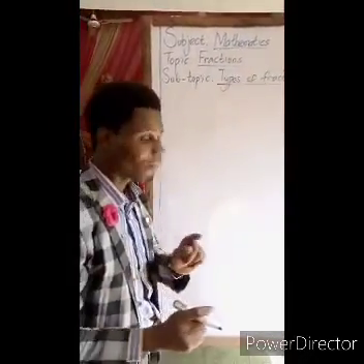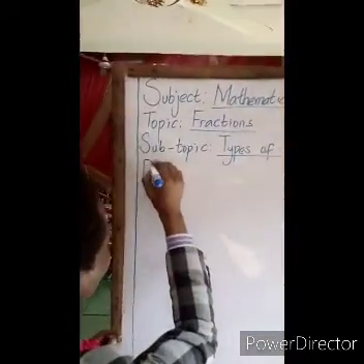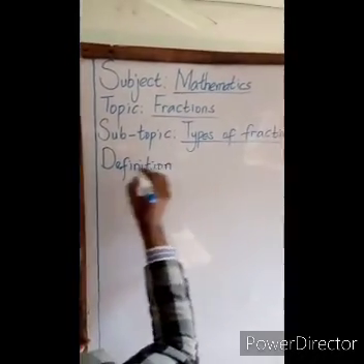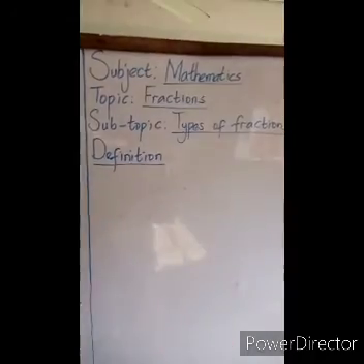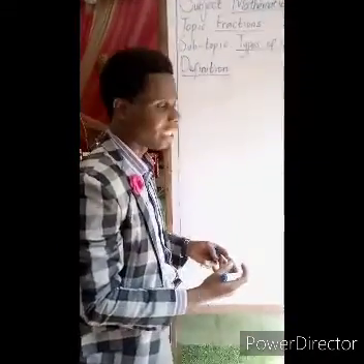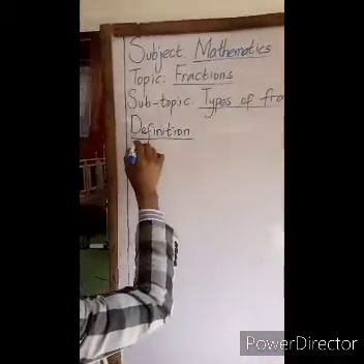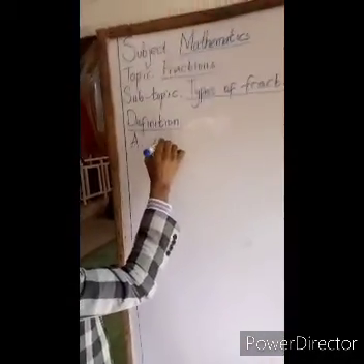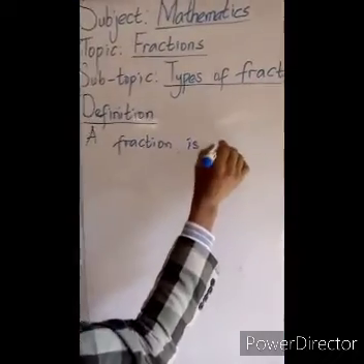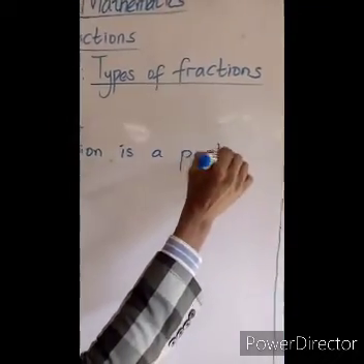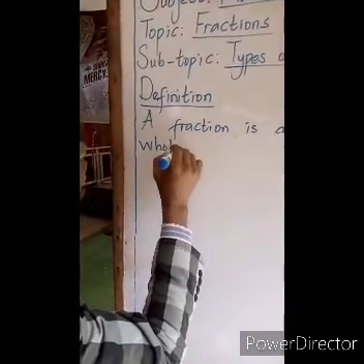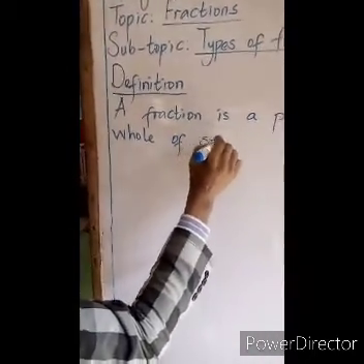That is what we need to learn first. Now, let's start with definition. Definition simply means the meaning of something or what something connotes. A fraction is a part or whole of something.